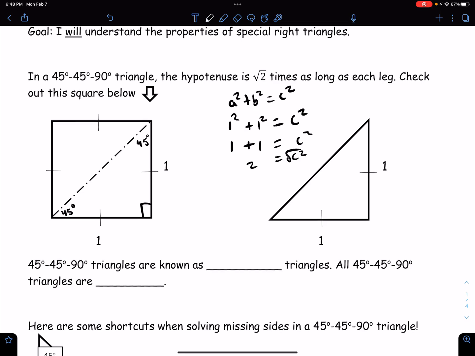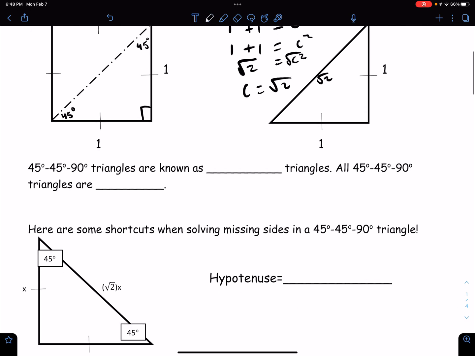I square root both sides to get c by itself. So c equals the square root of 2. So that's just a little proof right here that the hypotenuse is square root of 2 times as long as each leg.